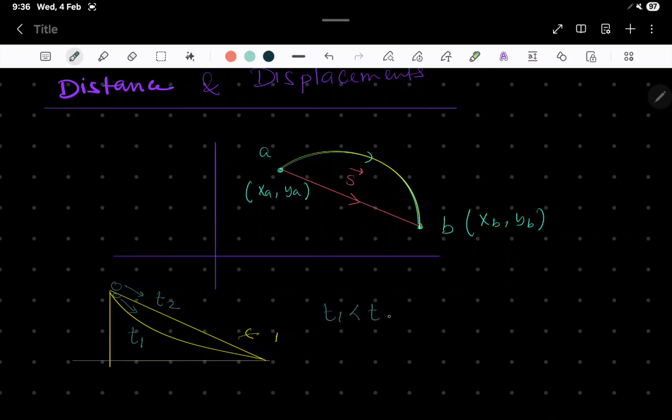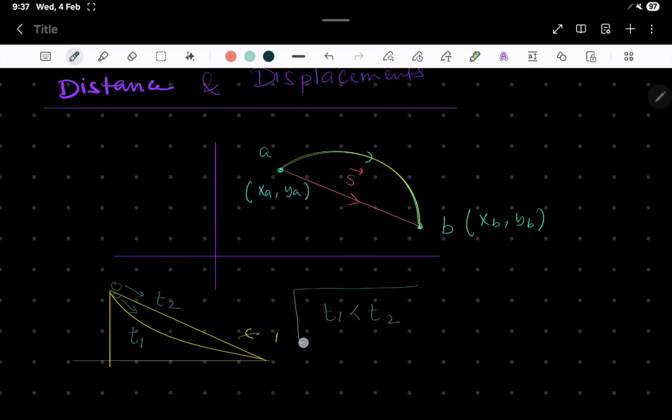You can see that the path in which t2 is taken is the shortest one, but still the time is the larger one.